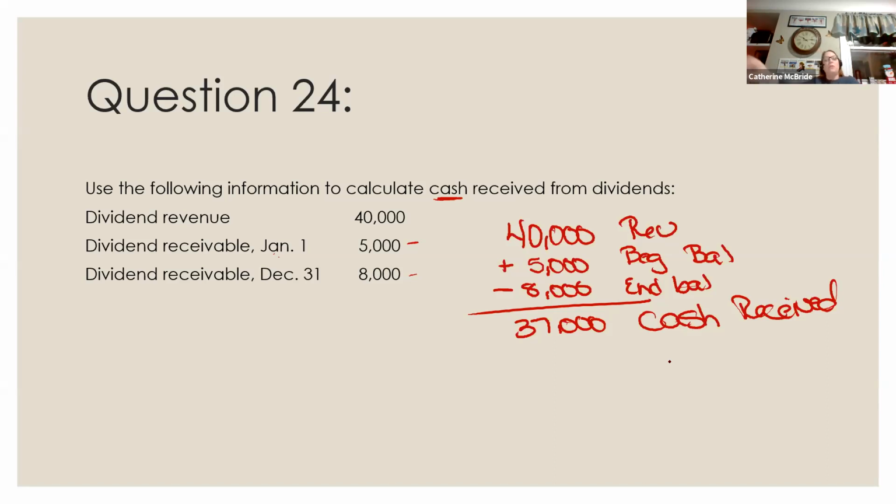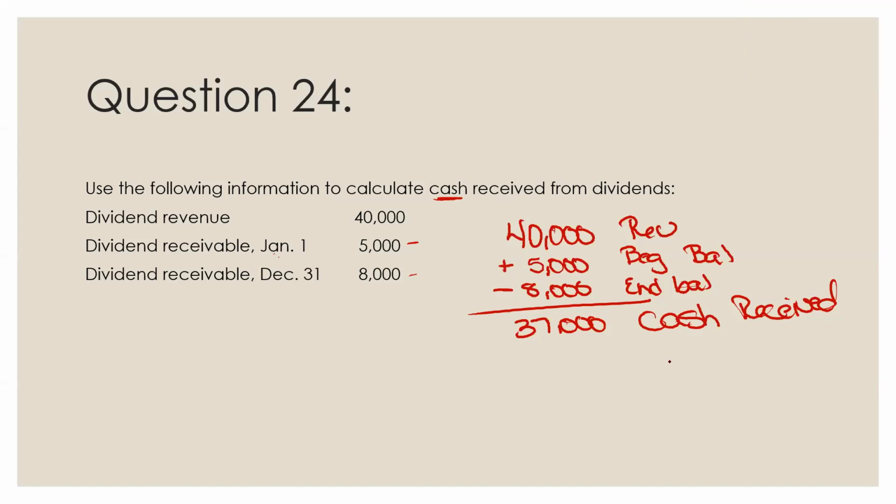The way I'm going to do that is I'm going to say, okay, on the first of the year, I had a $5,000 receivable in dividends. They owed me $5,000. At the end of the year, I was owed $8,000. So during the year, I've become owed $3,000 more than before. Does that piece make sense?